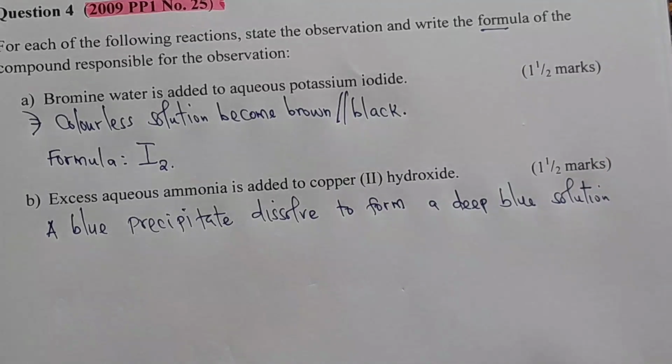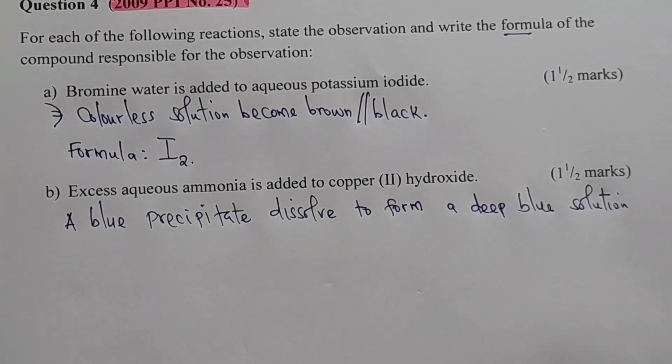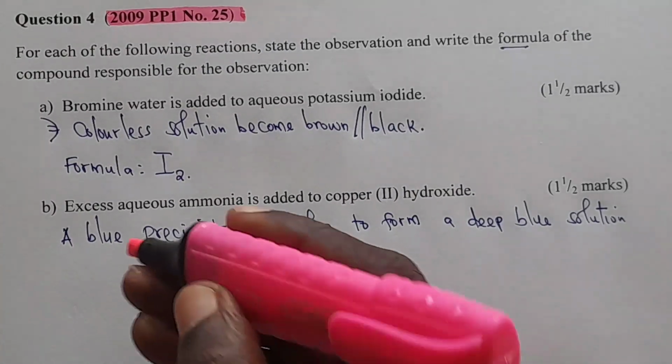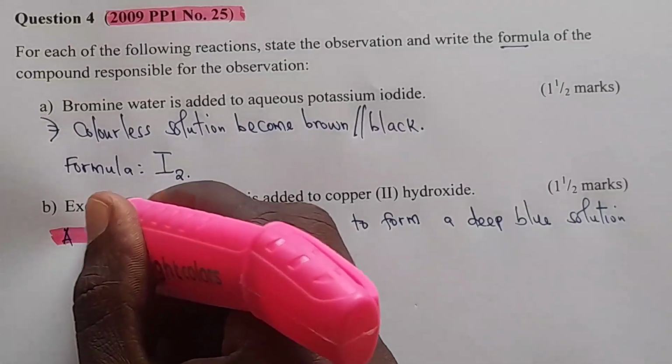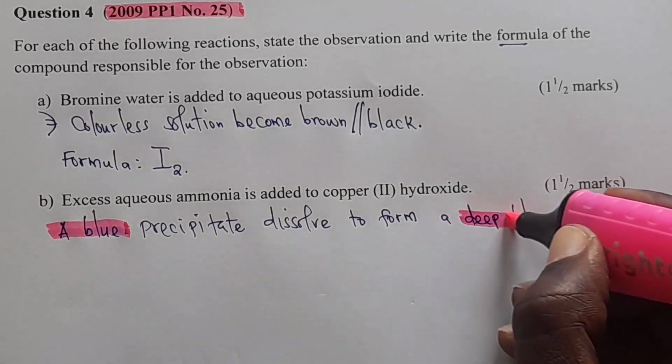So that's the observation. Initially we had a blue precipitate, that's copper 2 hydroxide. But now, when it dissolves in excess ammonia, we get a deep blue solution.